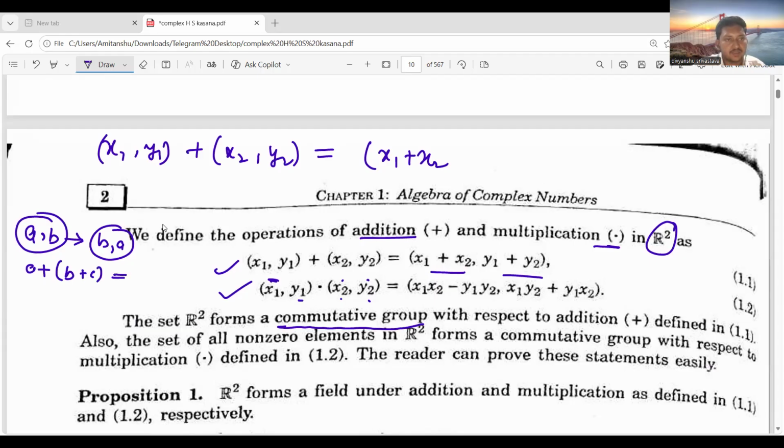Here I have written A, then this is your associative part. And now the commutative part with respect to addition; the set of all non-zero elements in R square forms a commutative group with respect to multiplication. Now the reader can prove the statement easily. So your part is how to prove this.